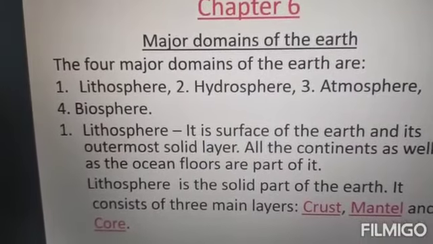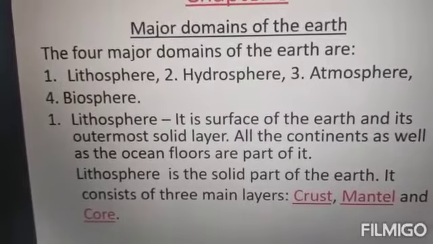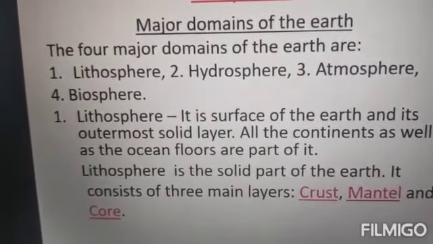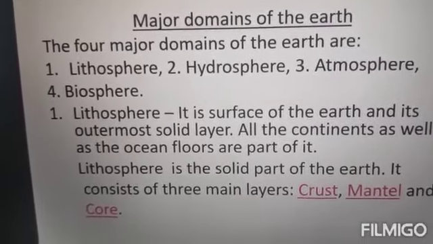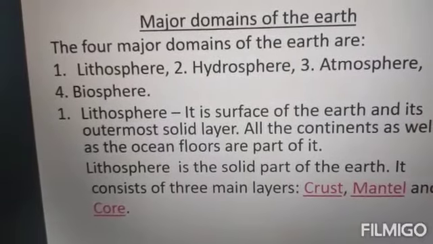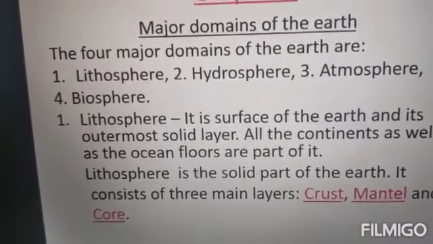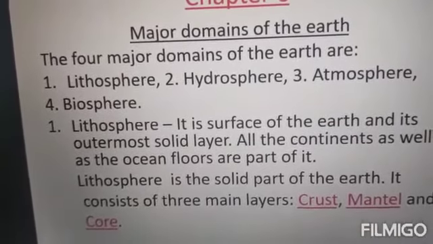Do we live on the lithosphere? Yes. The lithosphere is vital to humans, as this is the part of the earth that we live on. It extends from the surface of the earth to an approximate depth of 80 to 100 kilometers.